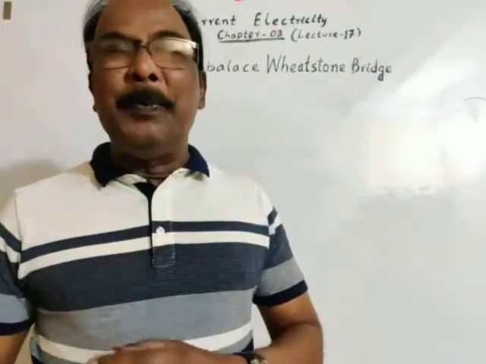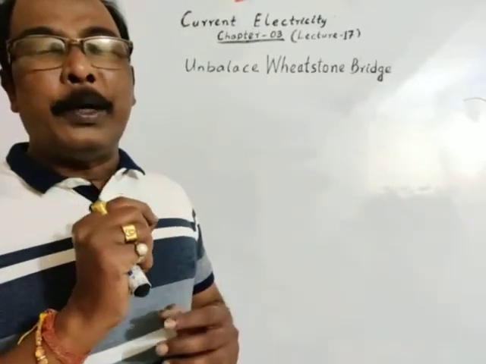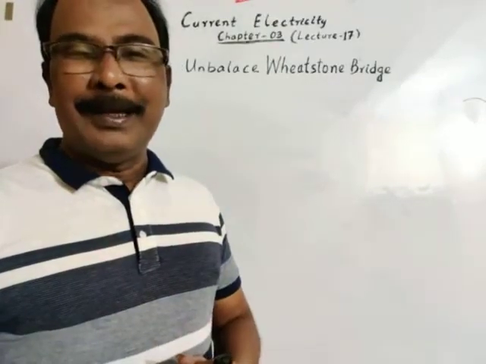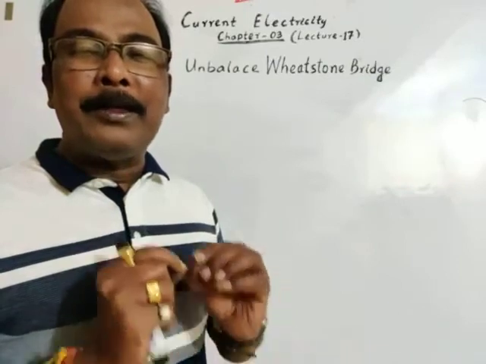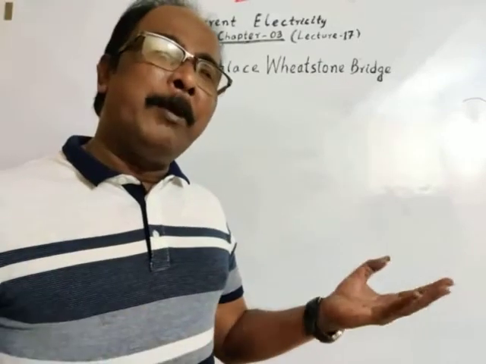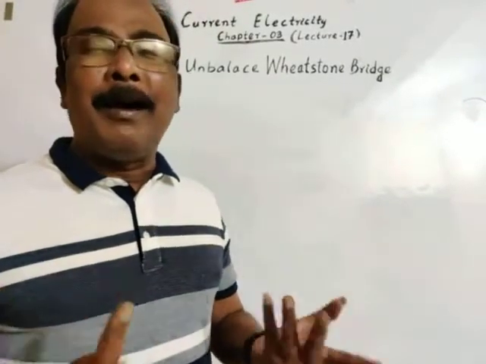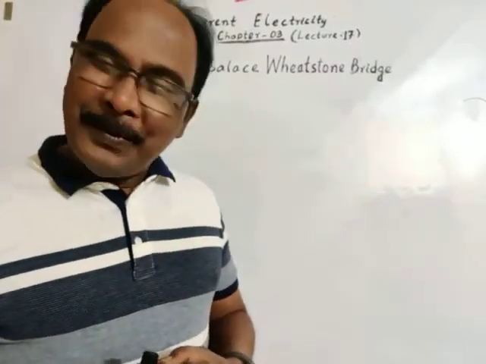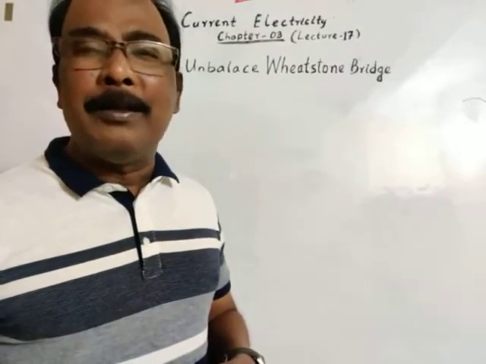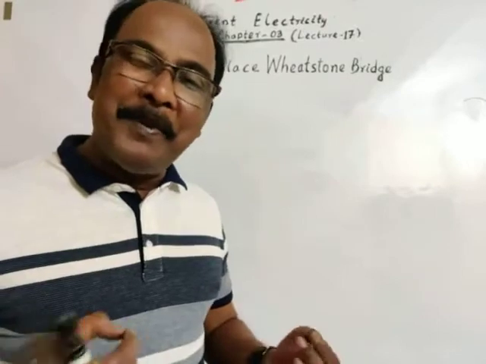In this lecture, we'll discuss the unbalanced Wheatstone Bridge. We'll directly approach the numerical: how to find equivalent resistance in an unbalanced Wheatstone Bridge. If the EMF of the cell is given, then we may find the current through the resistances, and how to divide the current among different branches, through different resistors, we have already discussed in previous lectures.